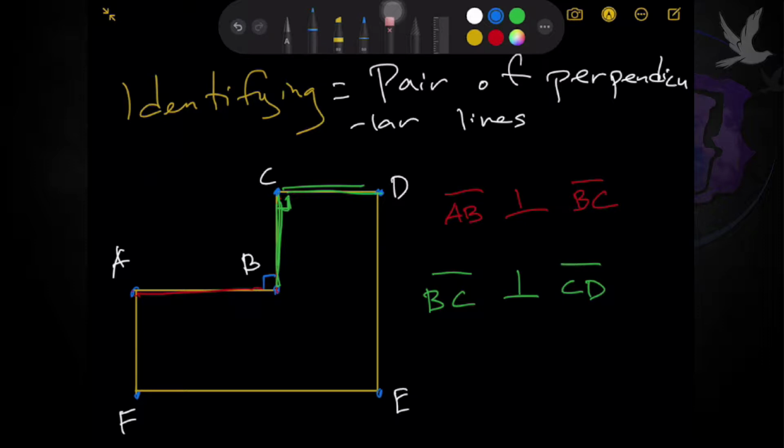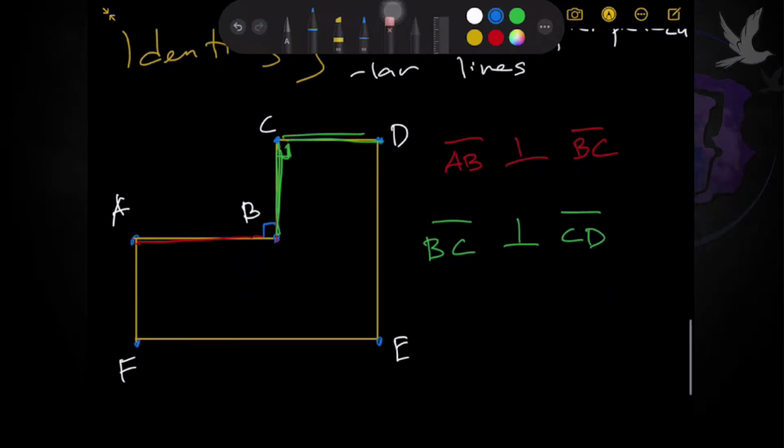Then, we'll have another one. So, let's do this one now. Like what I've said, you can make use of the same line again. So, we have line CD and line DE that form a right angle as well. So, we can now also say that line CD is perpendicular to line DE. Okay?